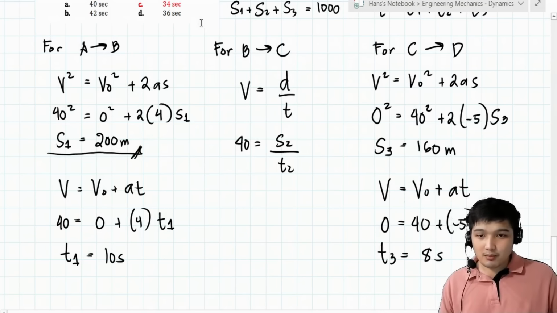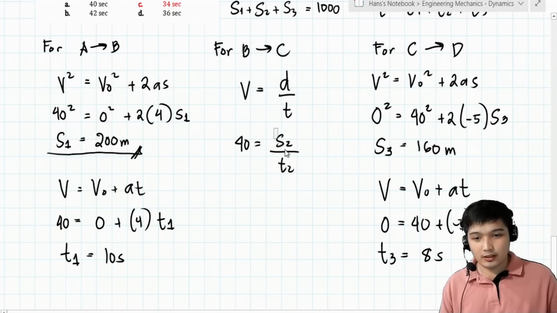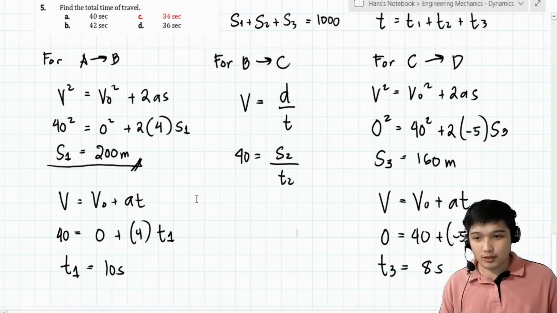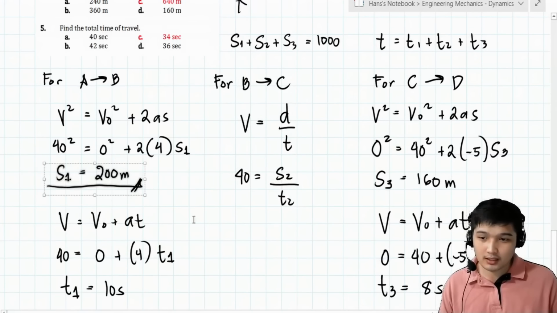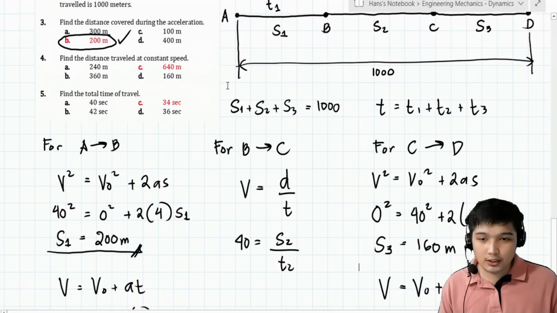So let us go back to B to C. We do not have S2, neither T2. But we now have S1, we have S3, and we have the relationship between S1, S2, and S3.